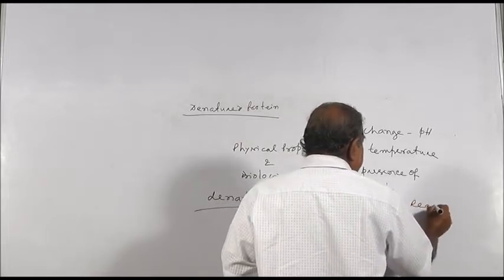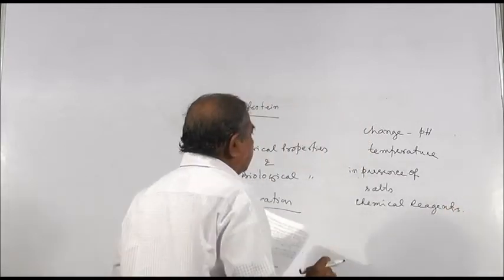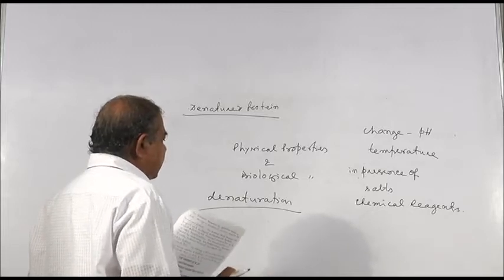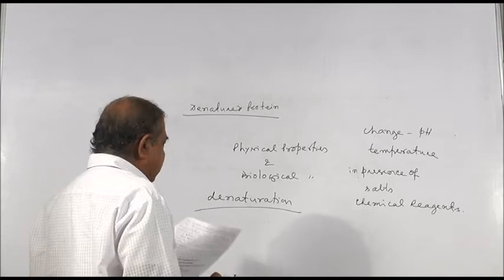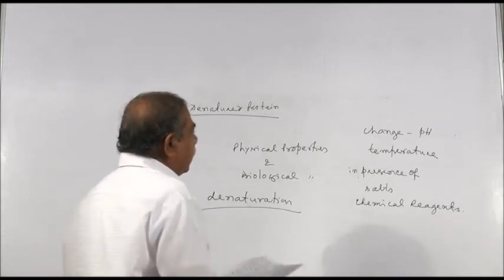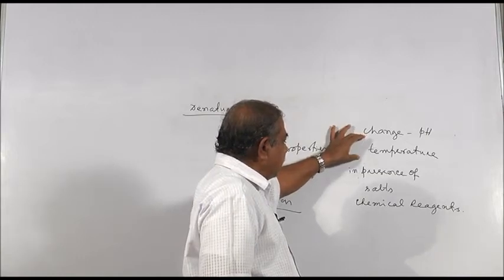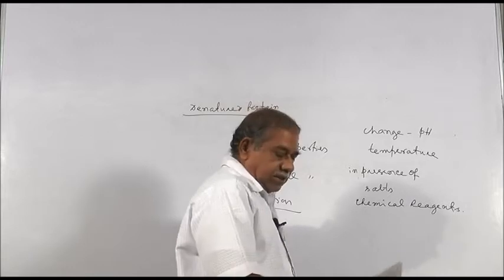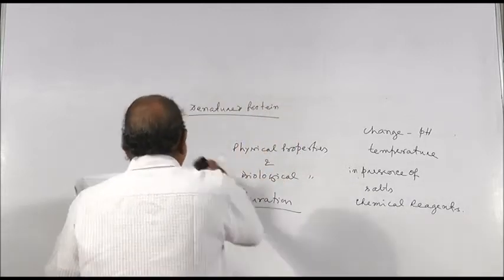Chemical reagents are responsible for the denaturation of protein. We can change the physical property as well as the biological property without changing its chemical composition, either by changing pH or by changing temperature in presence of some salts or some chemical reagents. That process is called denaturation.